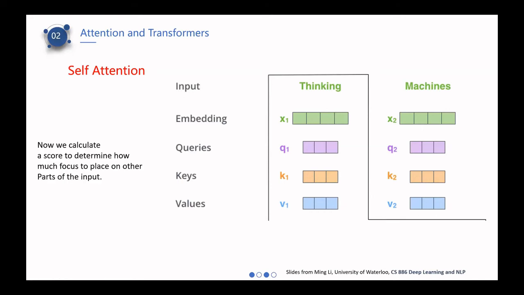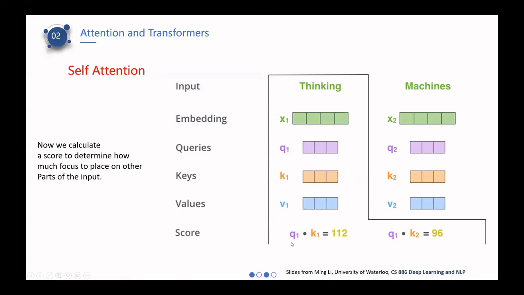We want to calculate a score to determine how much focus to place on other parts of the input, because we have 2 words here, a very simple case. So we want to find out how much context to put on this word based on this one.